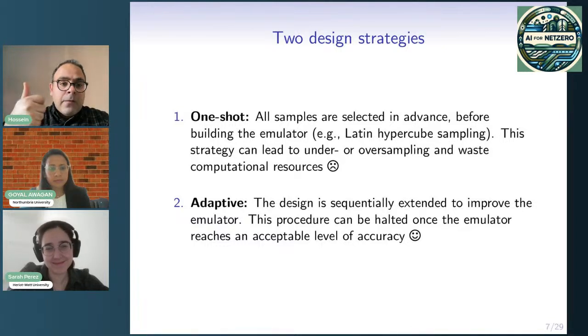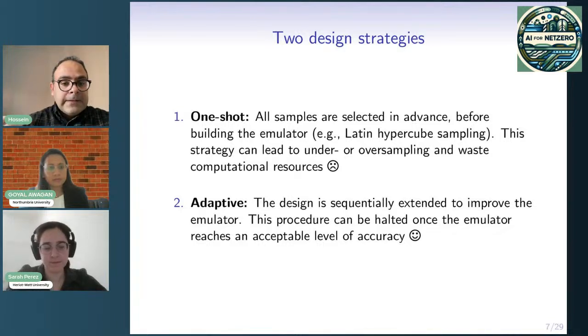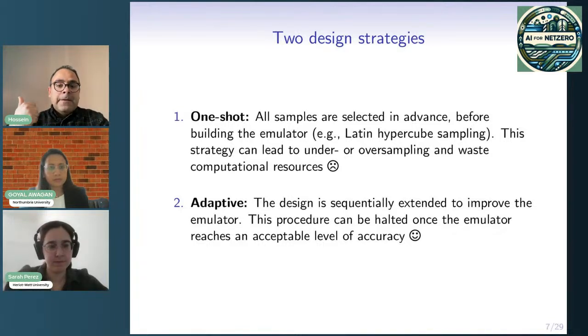However, there is a problem with this approach, and the problem is that since we set the number of model evaluations in advance of building the emulator, it may result in under or oversampling and wasting computational resources. What does undersampling or oversampling mean?